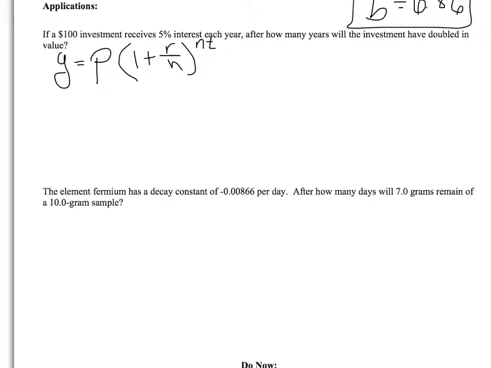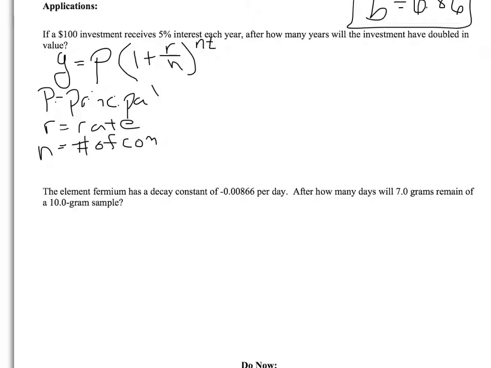P stands for the principal. R stands for the rate. N stands for the number of times compounded yearly. And t stands for time.